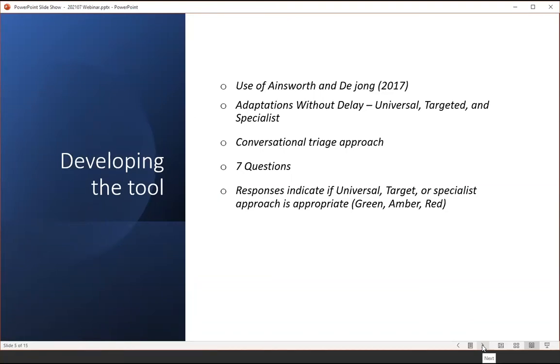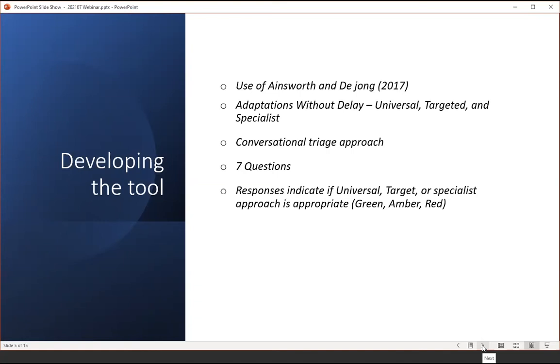Again, underpinning that tool is whether somebody is able to manage the adaptation themselves or with minimal support from caseworkers, so that universal type service, or whether they need more targeted and specialist input.